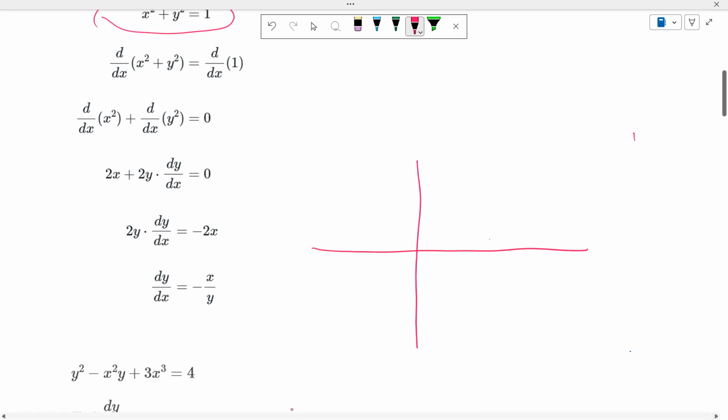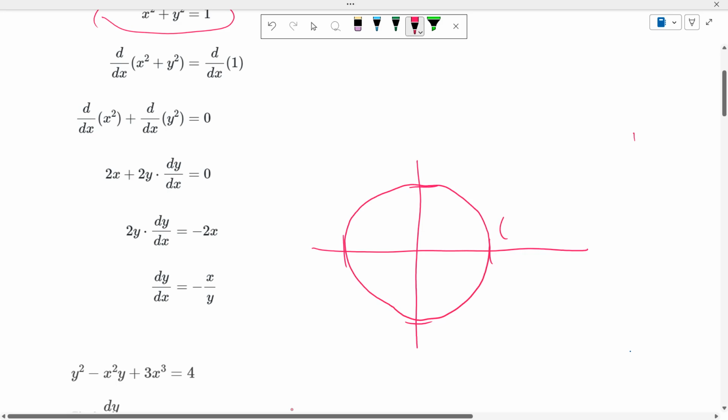Now look how this works. Some of you couldn't give 2 cents towards caring about this, but this is kind of cool. This is a point 1, 0, 0, 1, negative 1, 0, 0, negative 1.